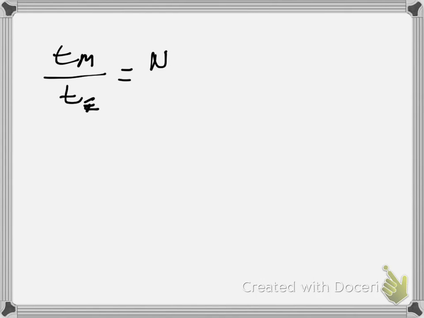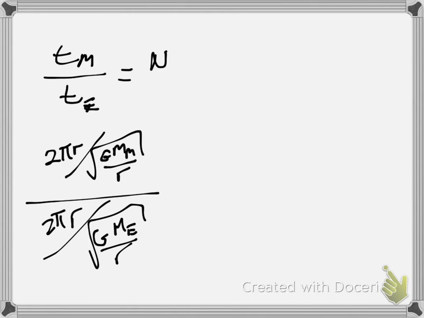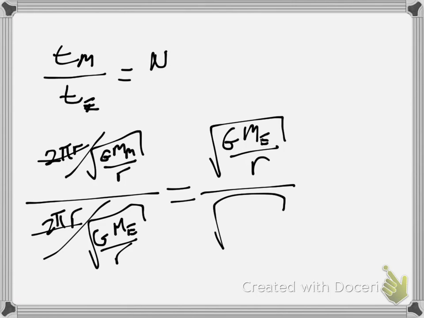So for Mars, we're going to get 2 pi r divided by the square root of big G mass of Mars over the radius, and then taking 2 pi r over the square root of big G mass of the Earth over r. Now, obviously, we can see that 2 pi r goes away, and this becomes the square root of big G mass of the Earth over r, over the square root of big G mass of Mars over r, right?